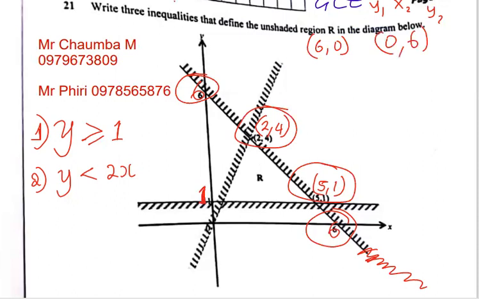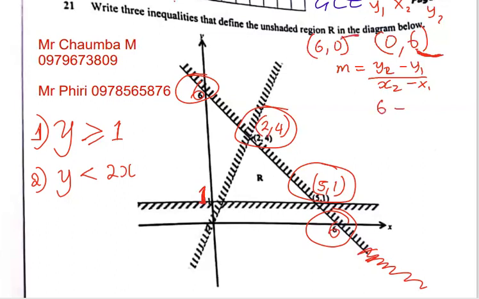In this case, we always have to first find the gradient. The gradient, I told you, is y2 minus y1 over x2 minus x1. I know at first I didn't give you the formula, so maybe you struggled. Let's see how we can go with this one. Our y2 is the y coordinate here, 6, minus our y1, which is 0.